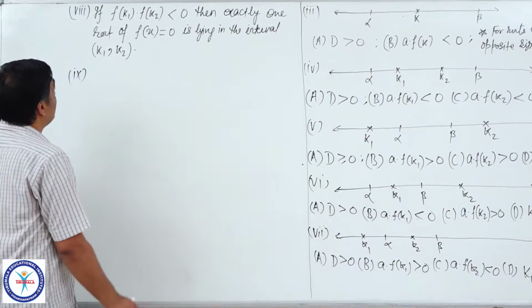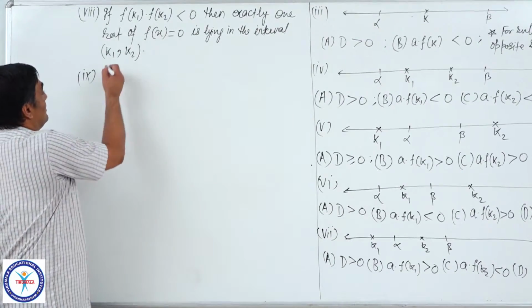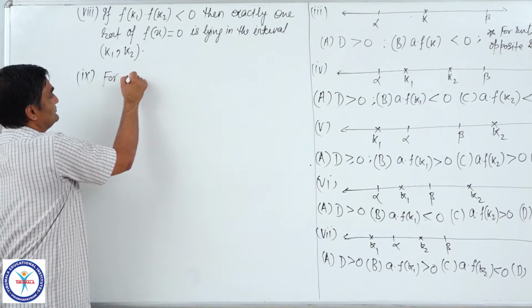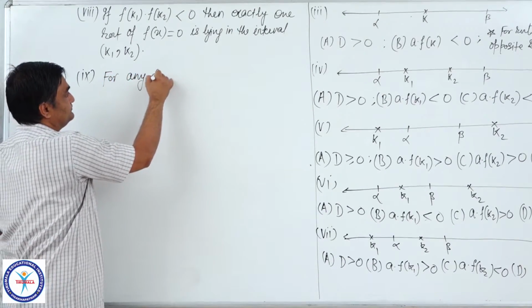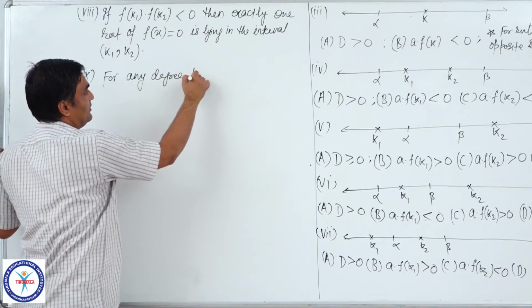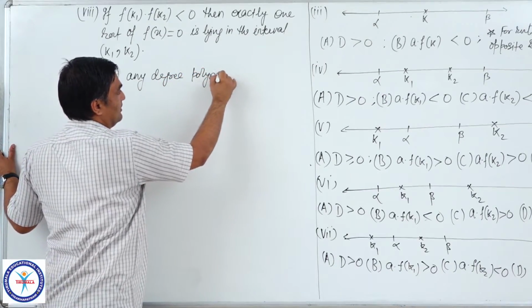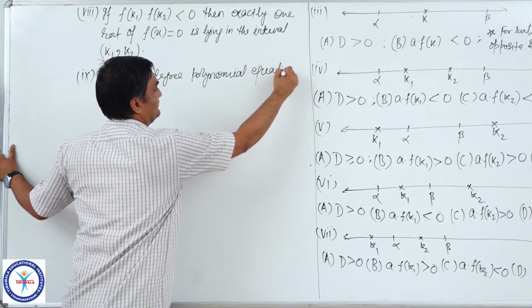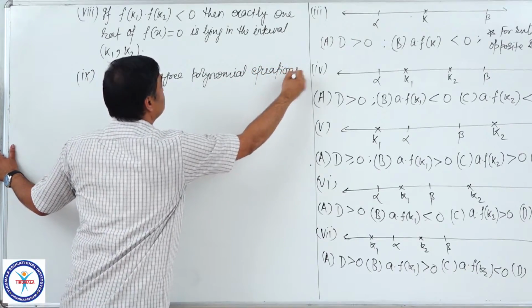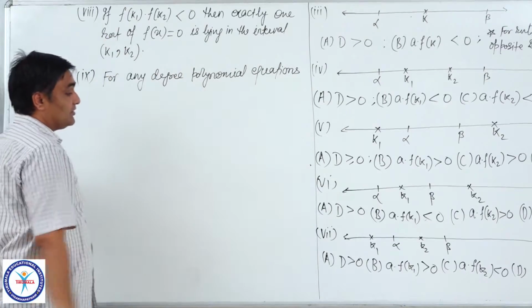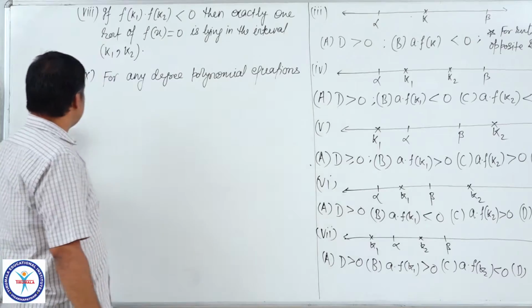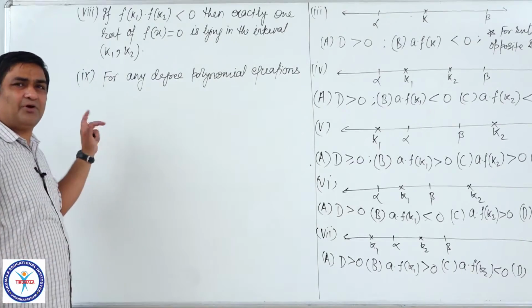So we can say that for any degree polynomial equation, up to now we were discussing quadratics, but point 9 is valid for any degree.